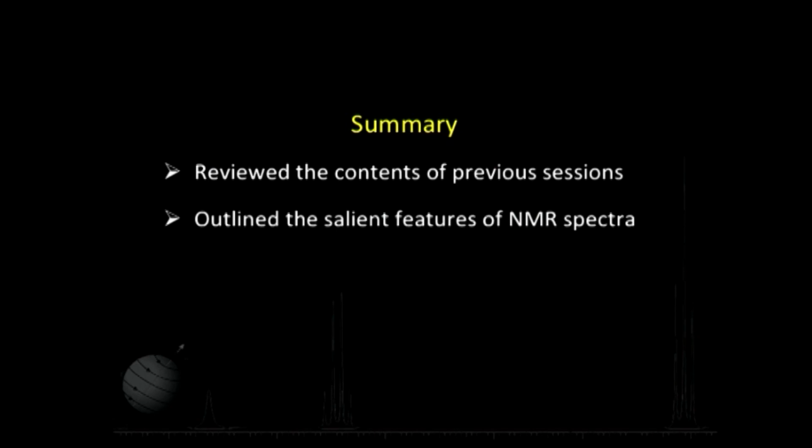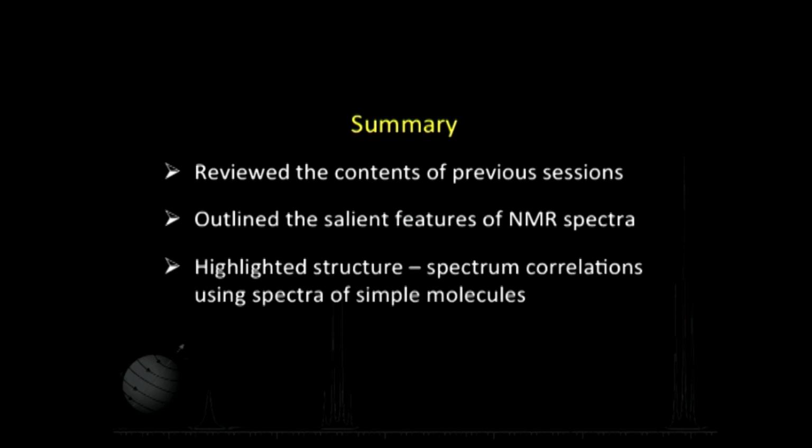So, let us sum up what we have done. Today we reviewed the contents of the previous session and then thereafter we outlined the salient features. Then thereafter we came down to the main theme of today's session, and in that we have looked into a broad array of different kinds of molecules and we have seen the molecular structure and also the corresponding NMR spectrum.